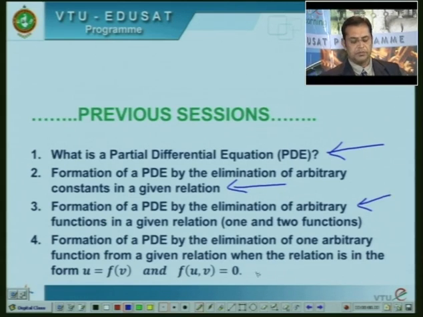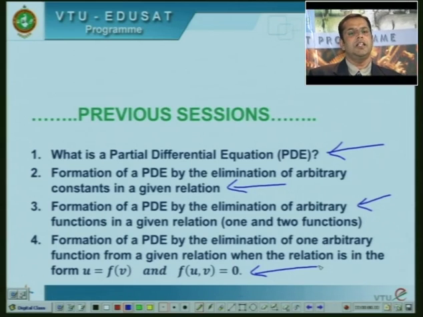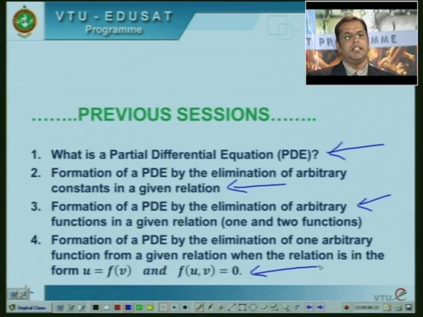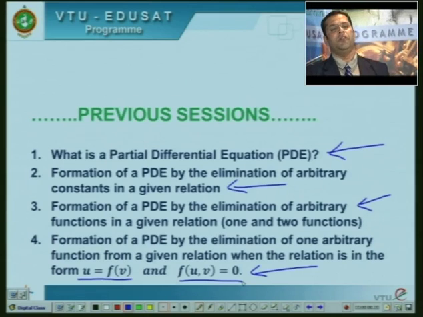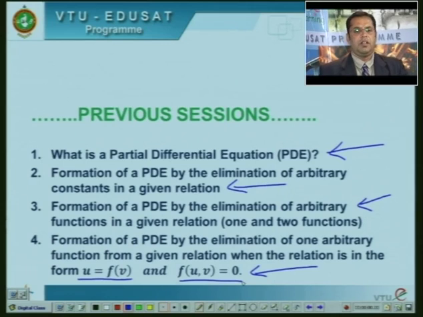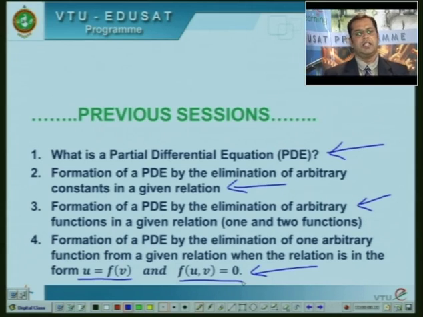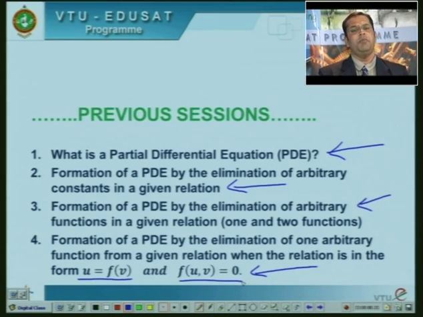In the previous session, we have formed PDEs by eliminating one arbitrary function from a given relation when the relation is in the form u equal to f of v and f of u comma v equal to 0. So, in both cases you remove the function f to form the PDE, and we have seen that such PDEs in which you remove one function will be PDEs of order 1.